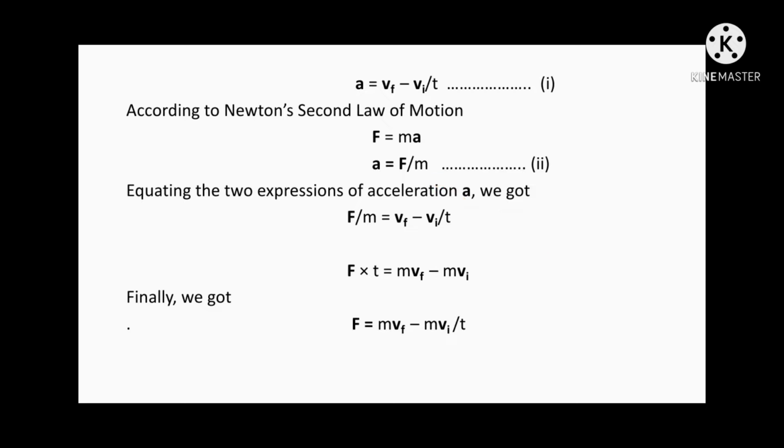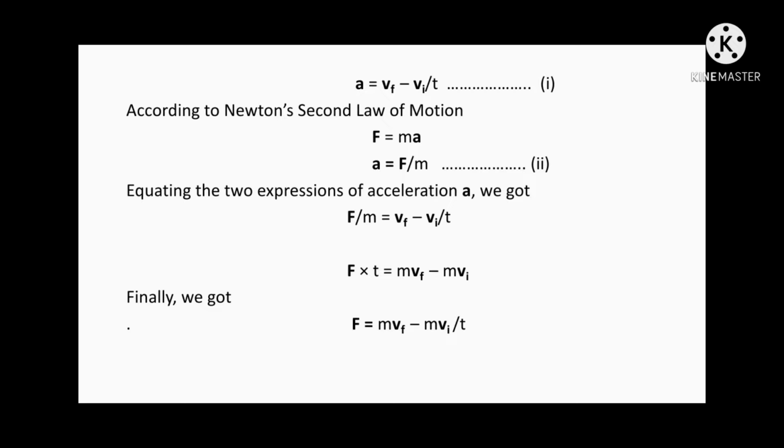Now, equating the two expressions of acceleration a, we get F/m = (Vf - Vi)/t. In the next step, we shall have F × t = mVf - mVi.